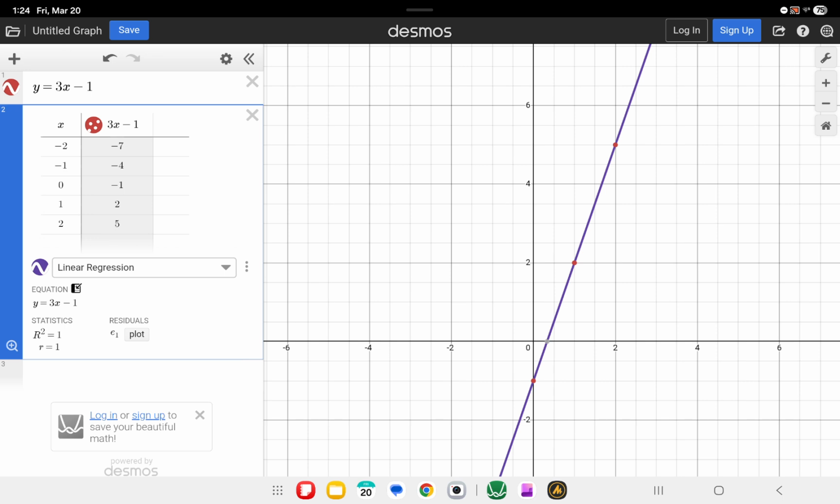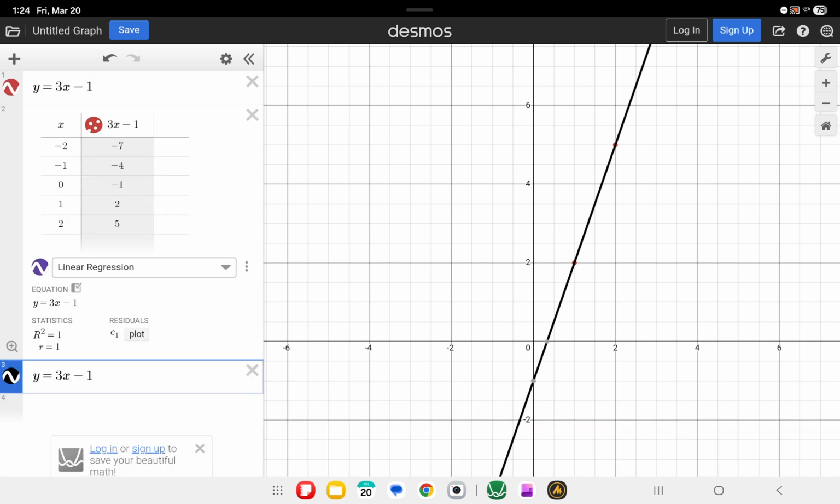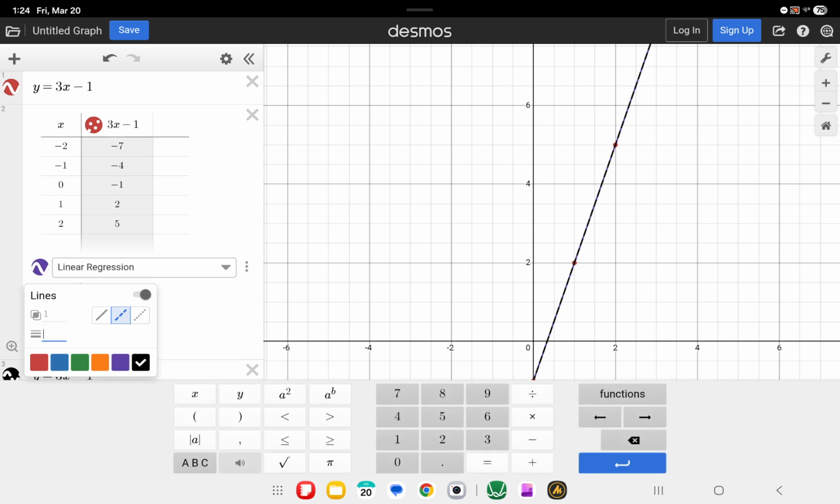I can ask it to put my equation in over there, and I can change my line to a different color. I could also come over here and ask it to change, for instance, one dash line. Maybe I want that to be like a 7.